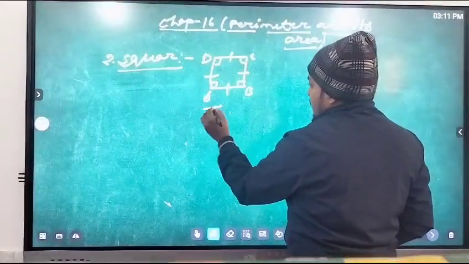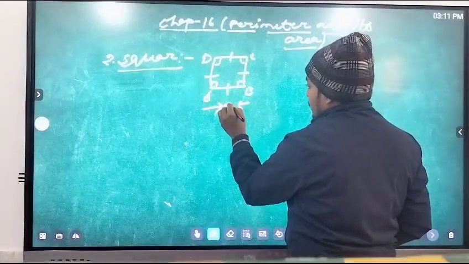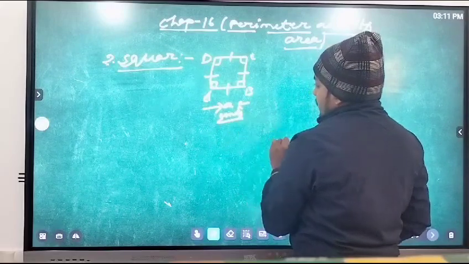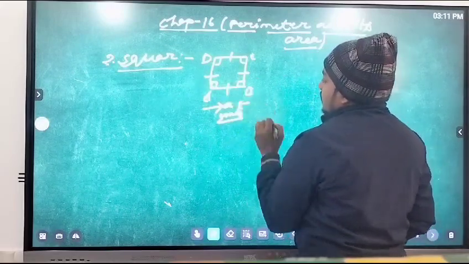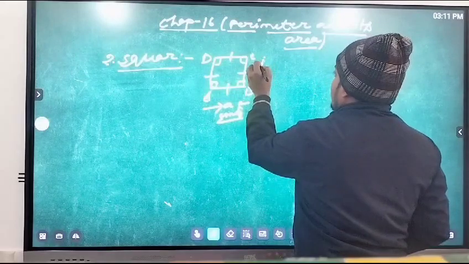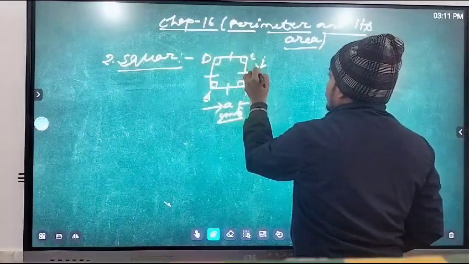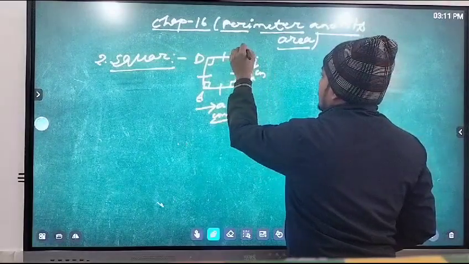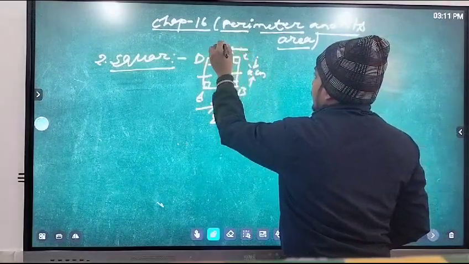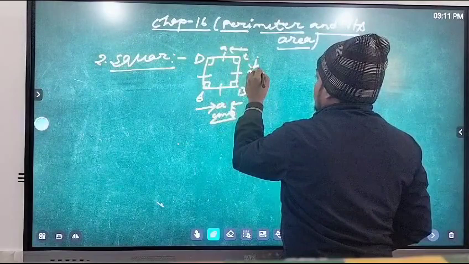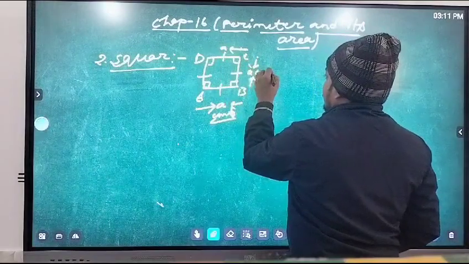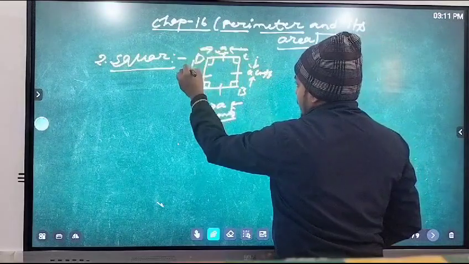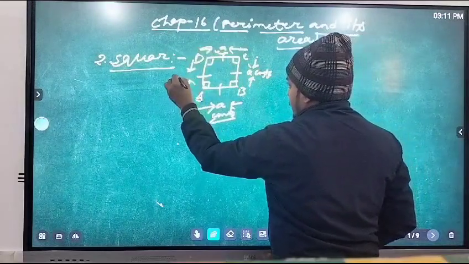If we take the measure of side AB equal to A units, then since all sides are equal, the measure of BC is equal to A centimeter, the measure of CD is equal to A units, and also the measure of DA is equal to A units.